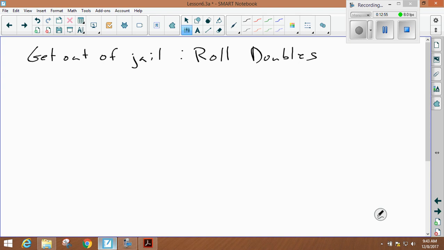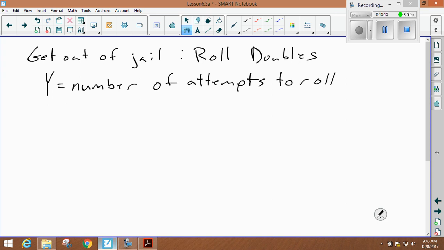So let's look at Y. Our random variable Y will be the number of attempts it takes to roll doubles one time, because that's all you care about, right?